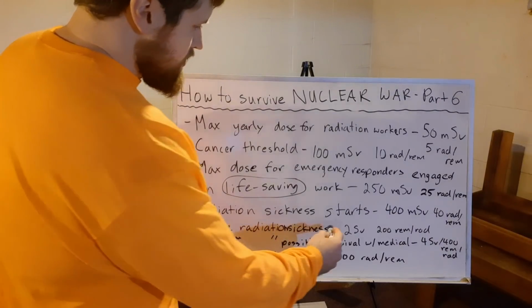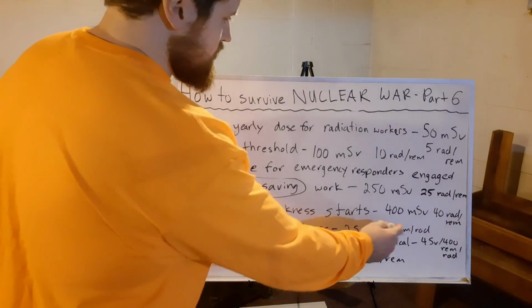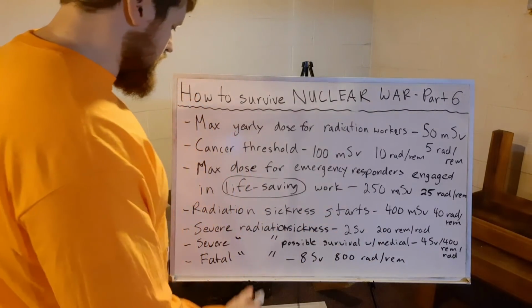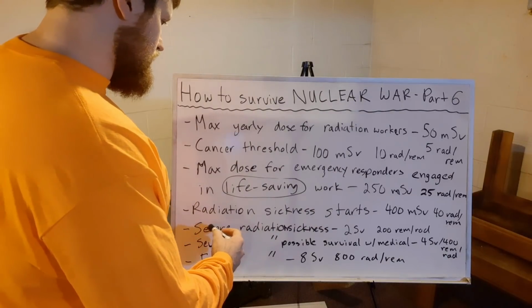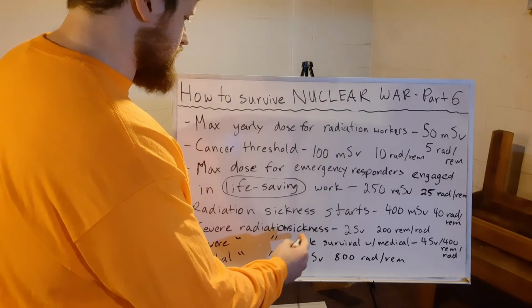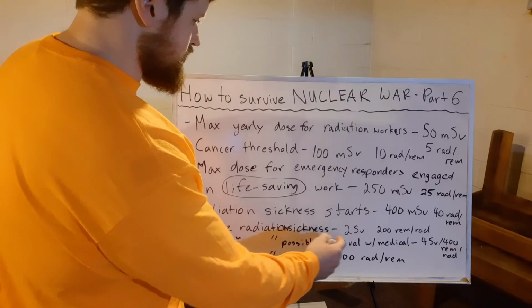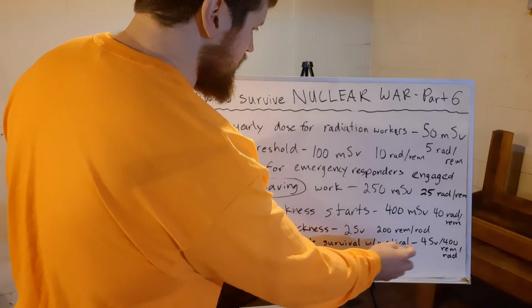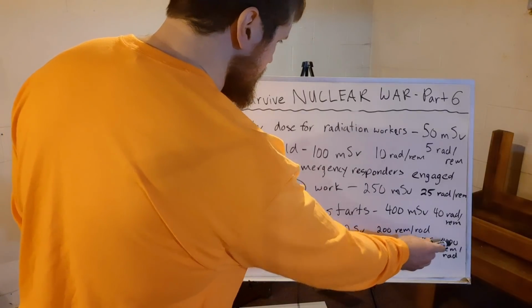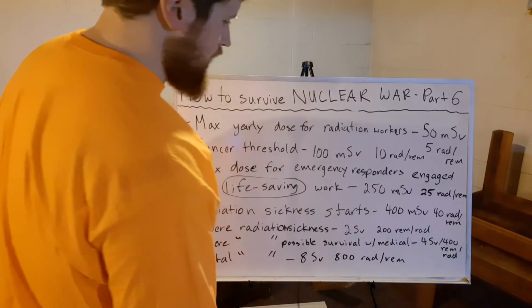So severe radiation sickness starts at 2 sieverts, or 200 rems, or 200 rads. The severe radiation sickness that's still possible to survive with medical care is 4 sieverts, or 400 rems, or 400 rads.